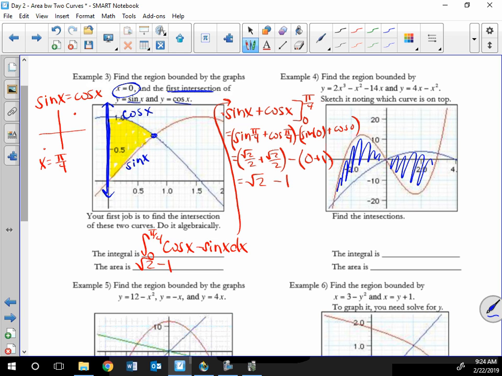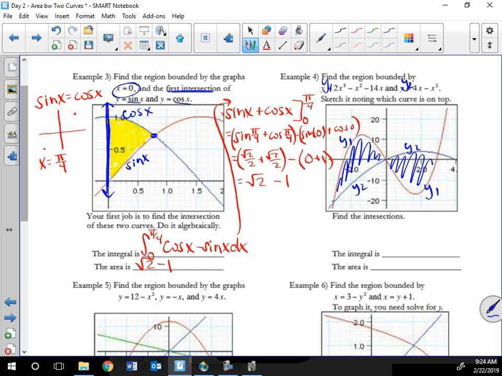So we will need two different integrals. If I were to call this one y sub 1, and I'm going to call this one y sub 2, you should actually redefine it, y sub 1 equals this, y sub 2 equals this. But my first integral, this is my cubed function, so my y sub 1 is on top, my y sub 2 is on the bottom. But then for my next integral, my y sub 2 is on top, and my y sub 1 is on the bottom. So you would need two different integrals for that.